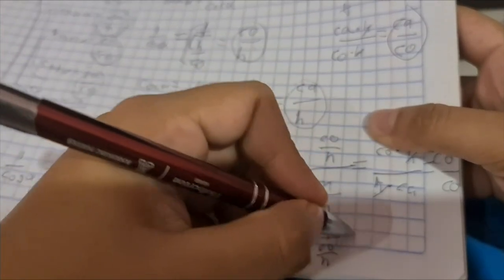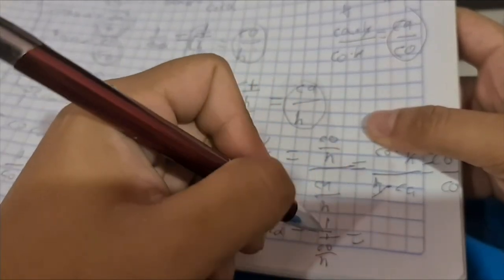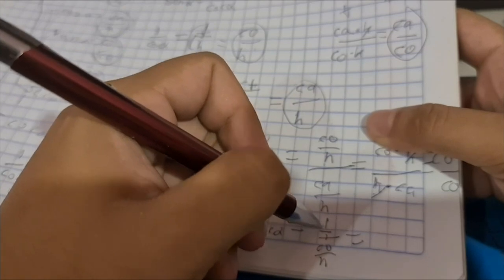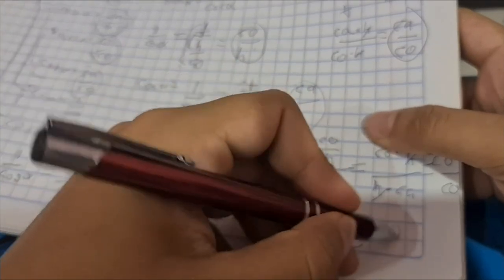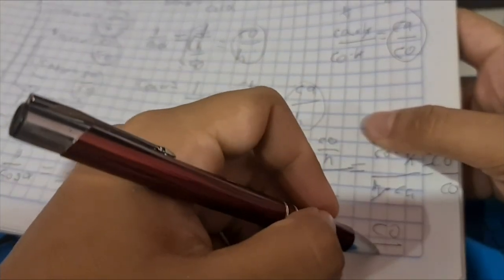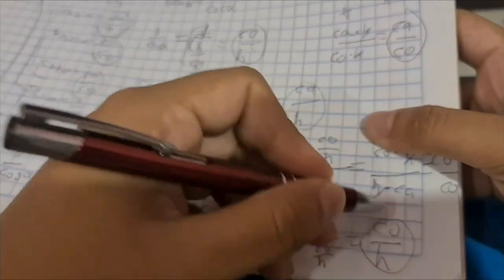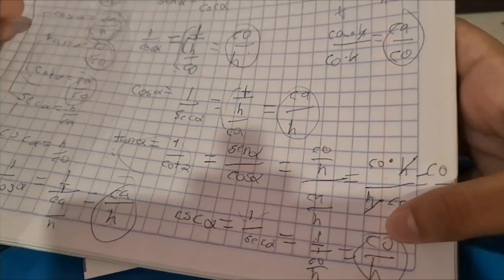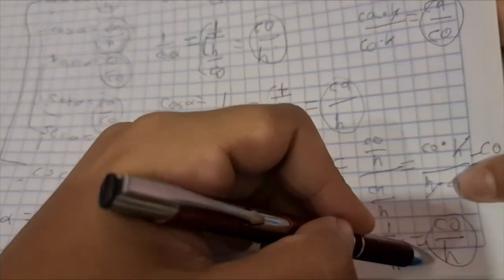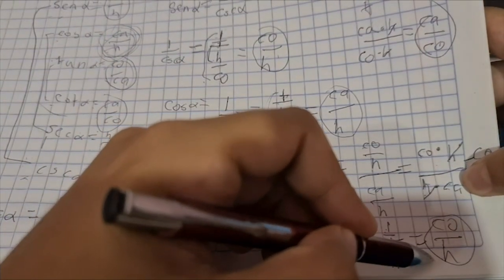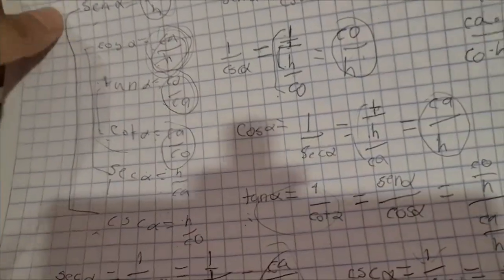We add the 1 right here, and we know that multiplying the opposite leg by 1 is the opposite leg, and the 1 by the hypotenuse is going to be the hypotenuse. So we can check. We have the opposite leg between the hypotenuse, and we have the same right here.